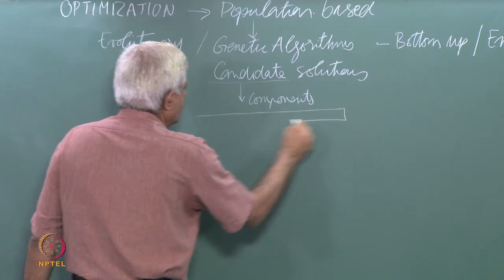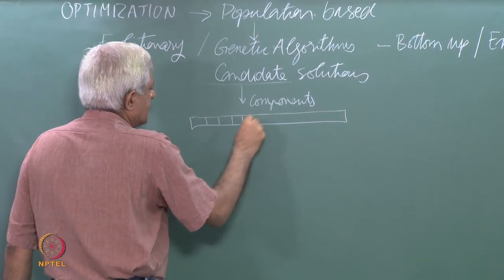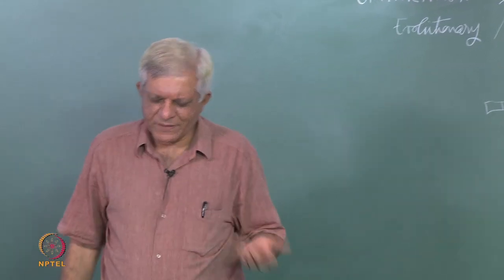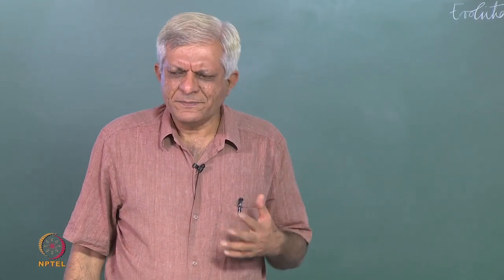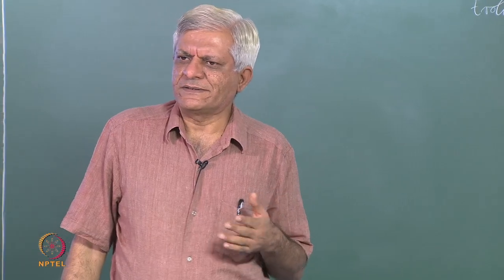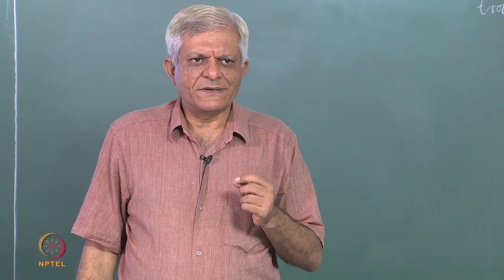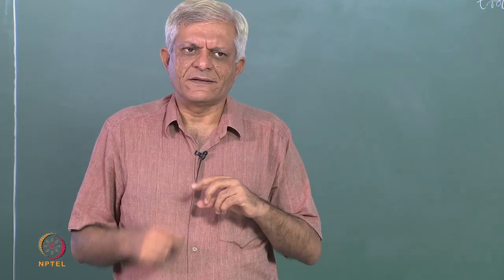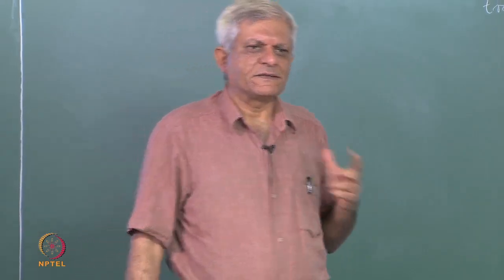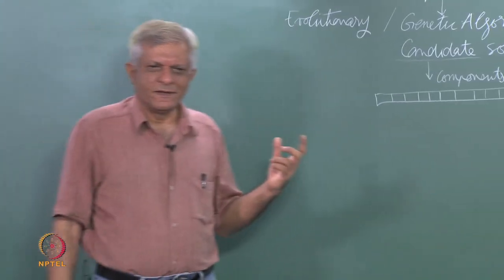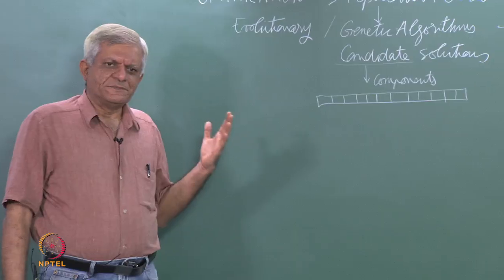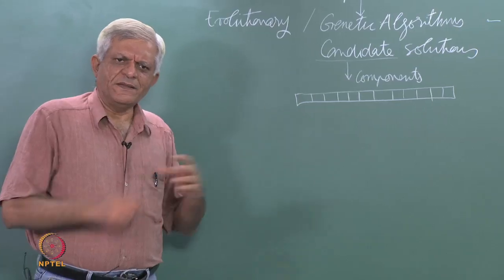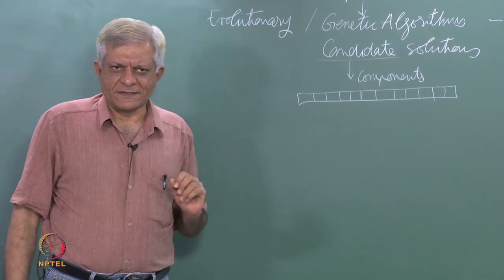In the simple case that we saw about solving SAT, every component is the value of one variable or one bit, and a SAT solution candidate is a bit vector. But in general problems may be more complex and components may themselves be more complex in nature.